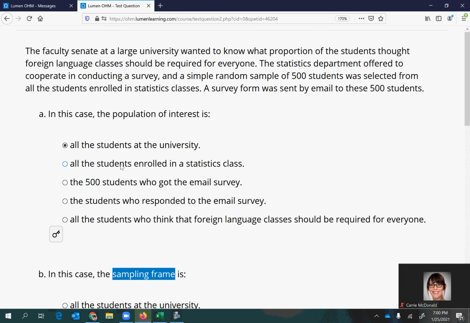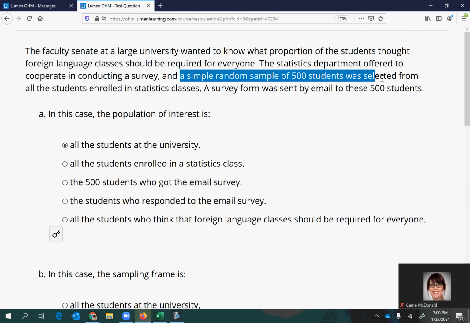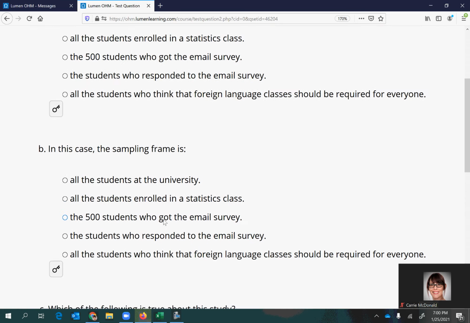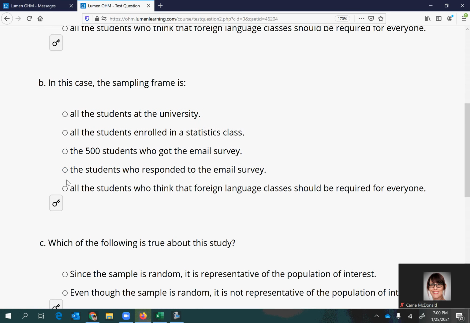So it says that, let's see, a simple random sample of 500 students was selected from where though? Because that's the sampling frame. From all the students enrolled in statistics classes. Okay, so that was the sampling frame. So let's go ahead and choose all the students enrolled in statistics classes.